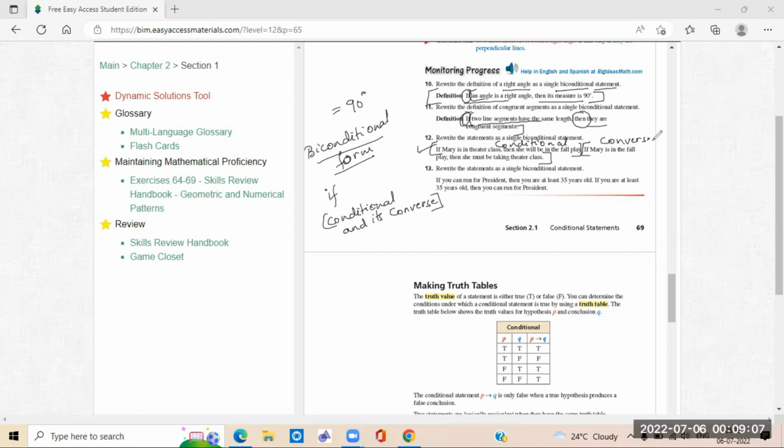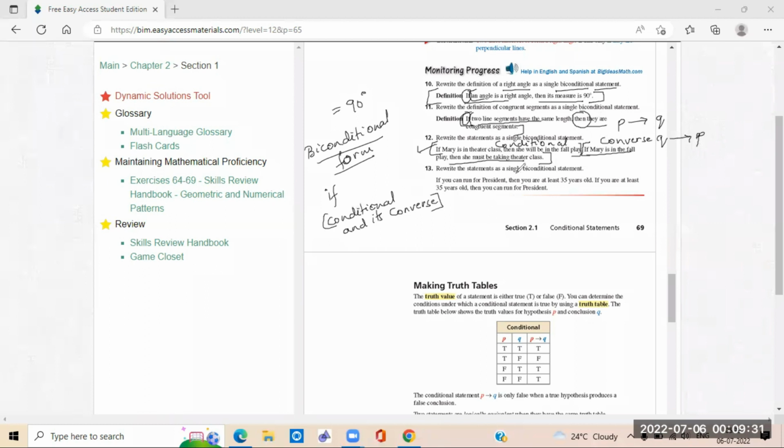We can see in the second part, in the converse, that the conclusion and the hypothesis are interchanged. So P and Q: in the first part, we have P implies Q. In the second part, we have Q implies P. And that is the reason why we say that it is the converse.